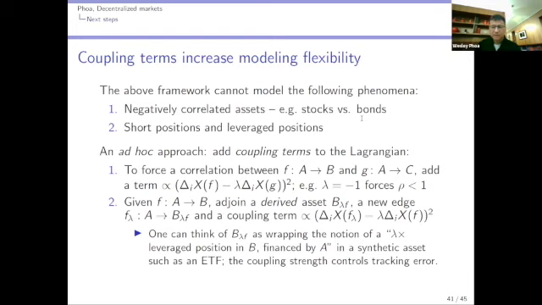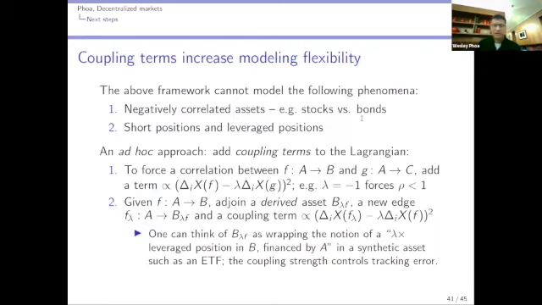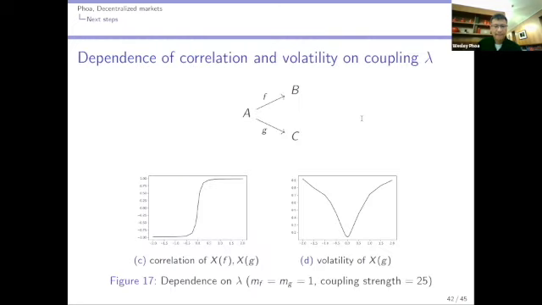So this turns out actually to work, unsurprisingly. So F and G, if you add a coupling term, as I suggested, between F and G, where lambda equals, say, -1, then as you vary lambda, the correlation, you can get any correlation you want between -1 and 1, so that's good.